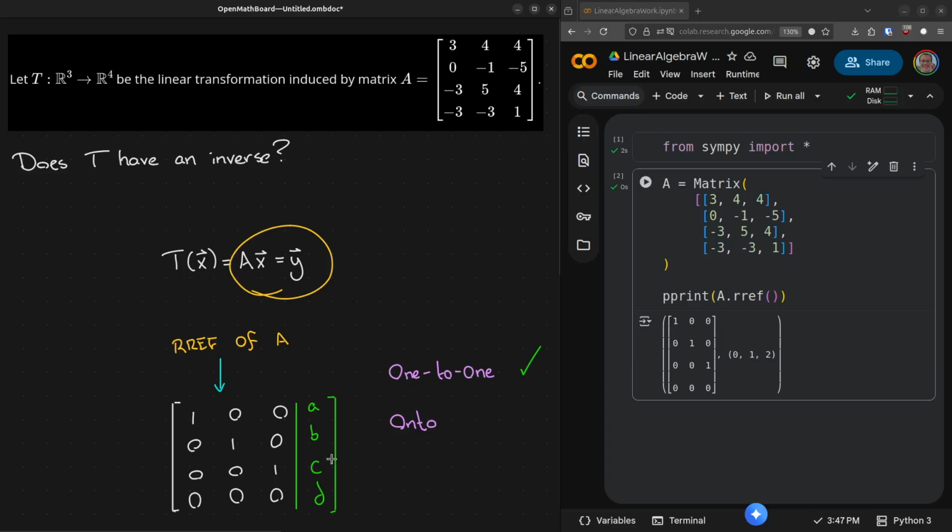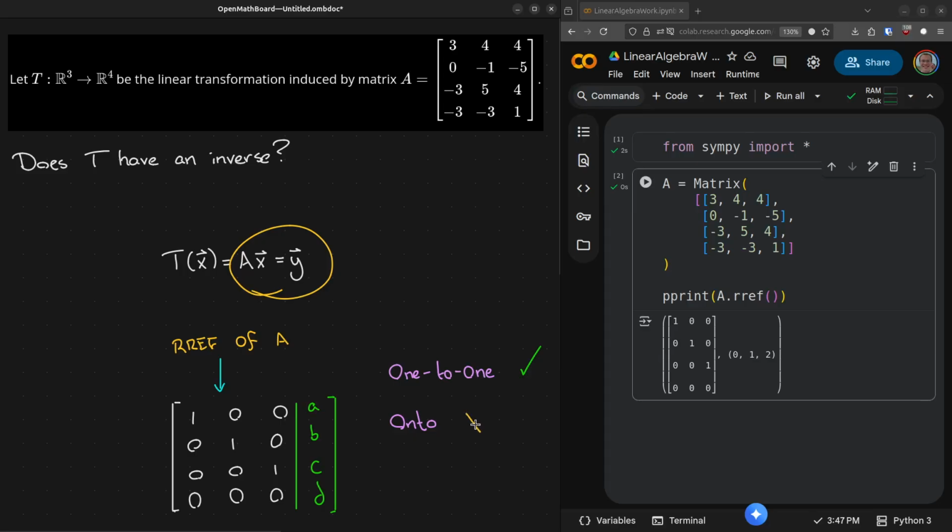But if we look here, we have exactly what we were worried about in this last row. A lot of zeros, and then we could choose this d to be something that's not a 0. If that's not a 0, then this last row would correspond to an equation with no solution.